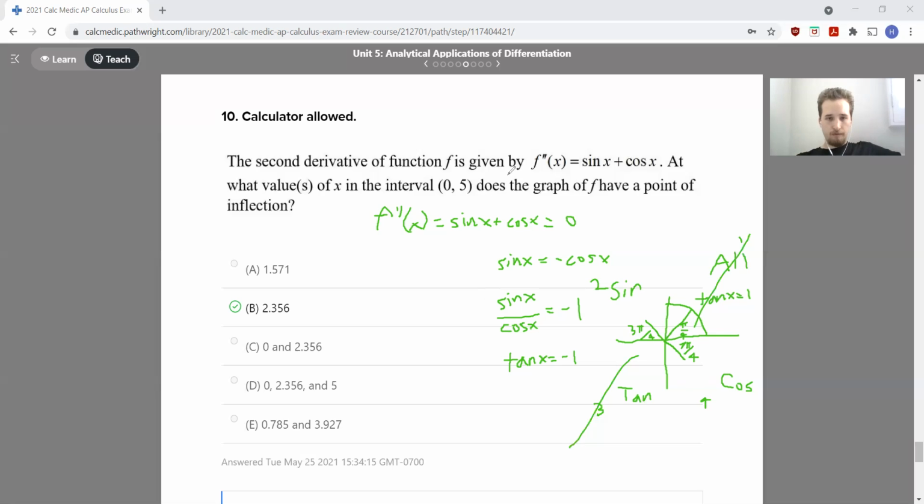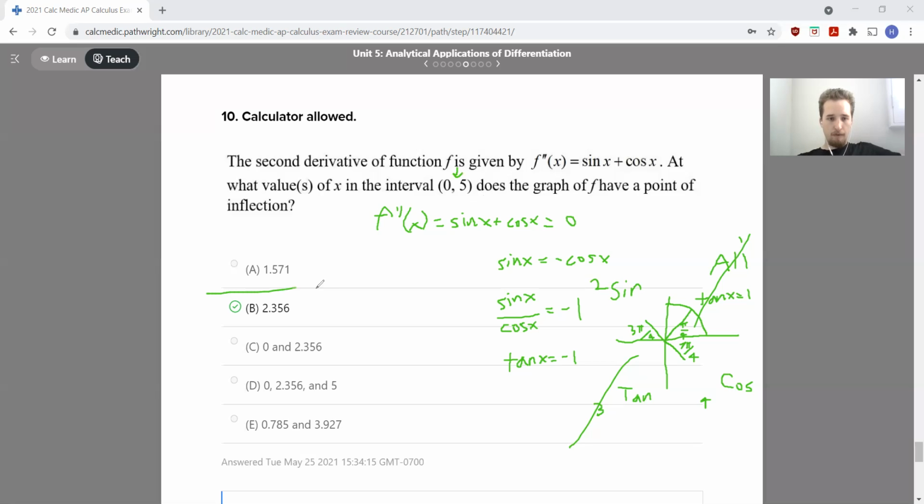So from the interval, and from here, tangent's equal to negative 1. So if you do 3 pi over 4, that is the only one, if you check in the calculator, between 0 and 5.